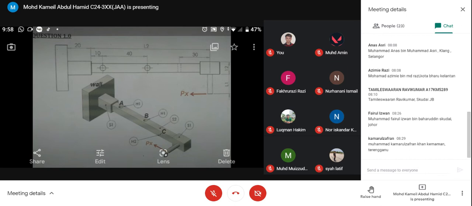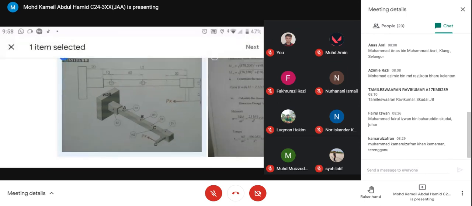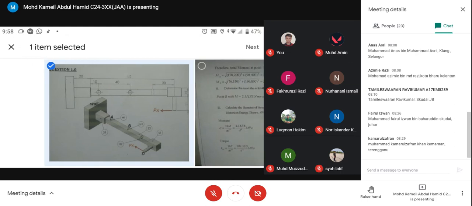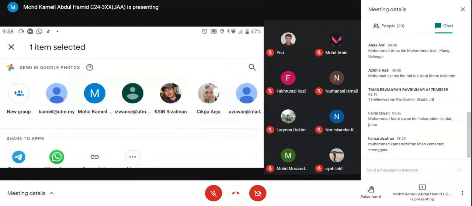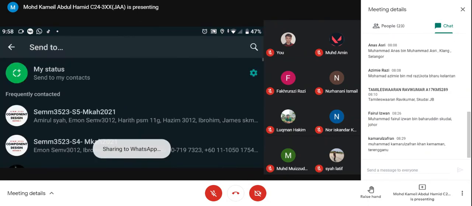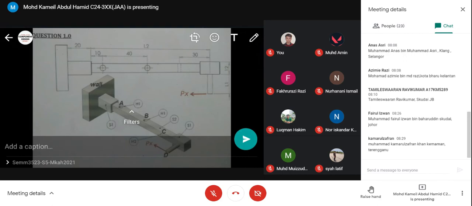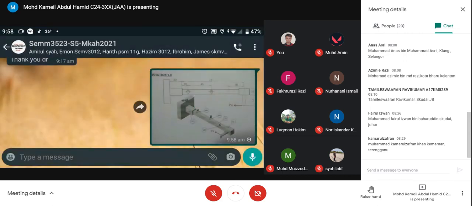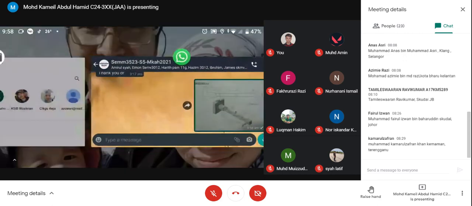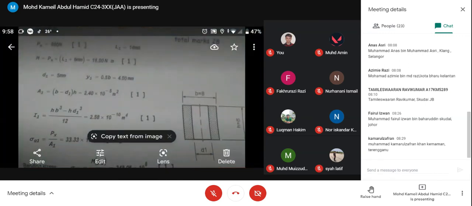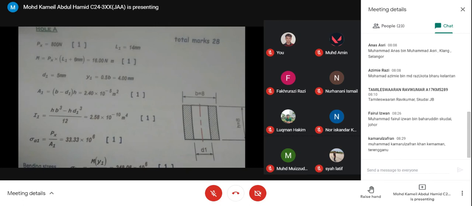Kemudian nak saya share. Okay, so that moment M dapat 16 Newton, 16.00 Newton.